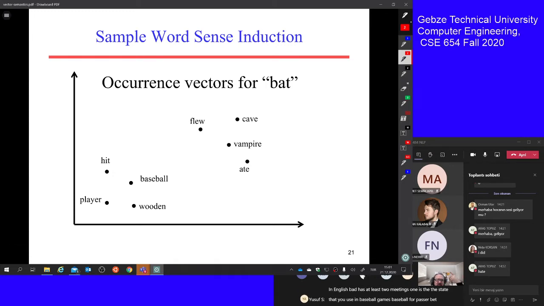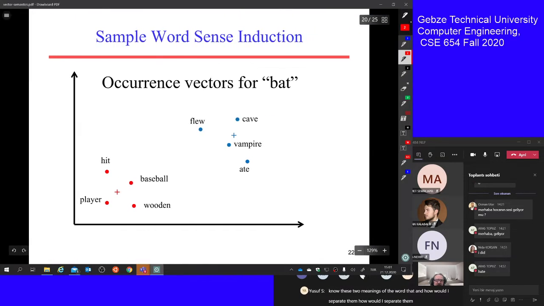The other one is yarasa in Turkish, right? Both of them are bat. For some reason, they are using the same word. Natural languages are weird, maybe just a coincidence. So how would I know these 2 meanings of the word bat, and how would I separate them?